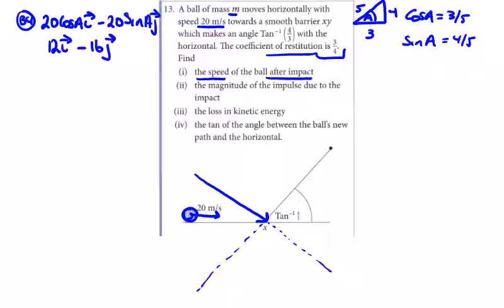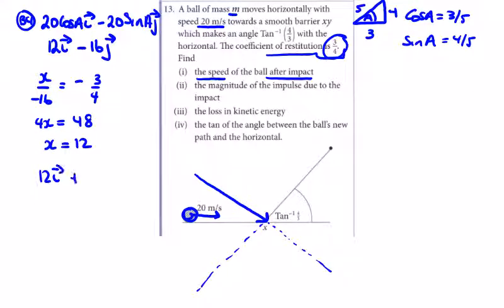So now we have after over before is equal to minus e, minus this 3 over 4. So 4x equals 48, so x is equal to 12. So now we have 12i plus 12j for after. And we are looking for the speed afterwards.